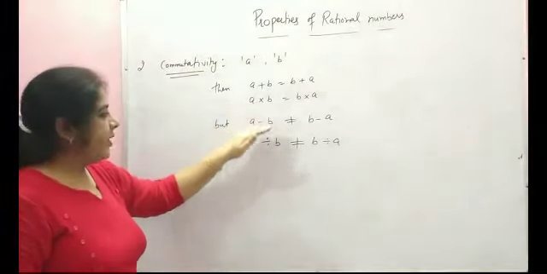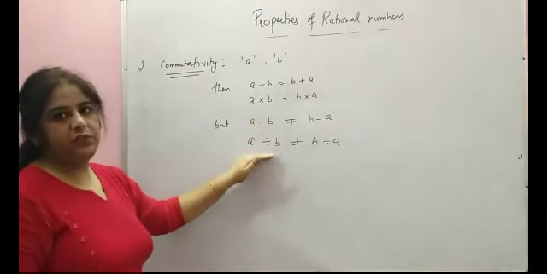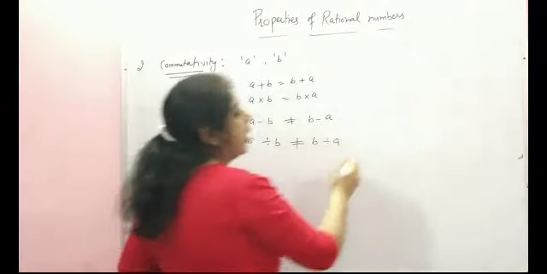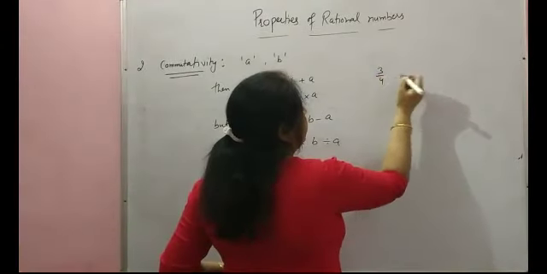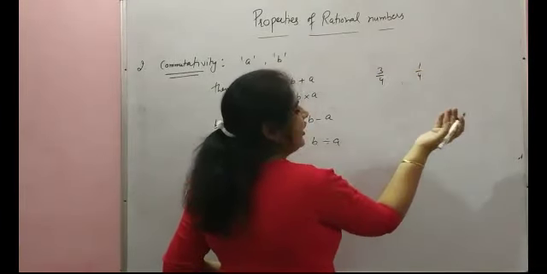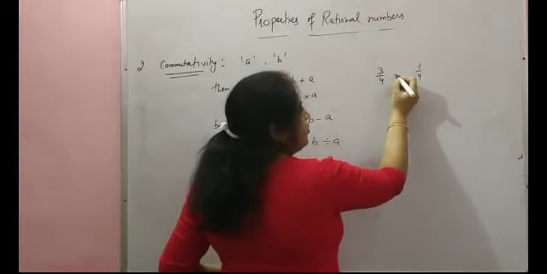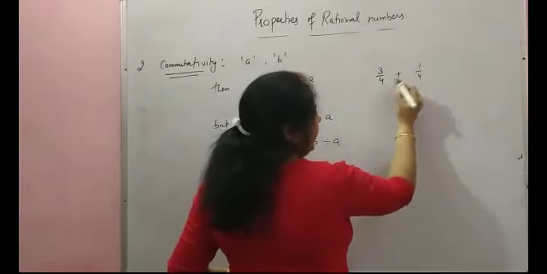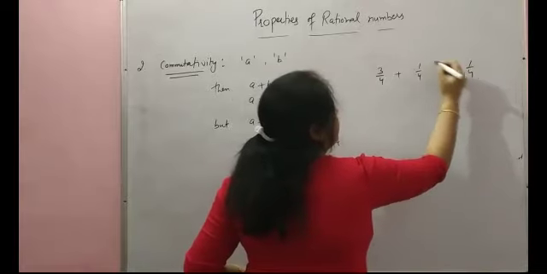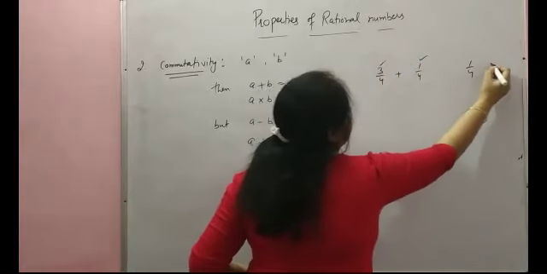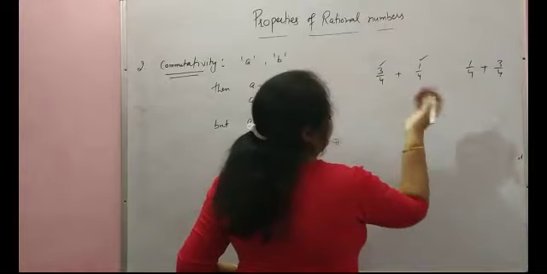But in the case of subtraction and division, it's not possible. How? See, we are taking these two. We can take negative and positive as well.